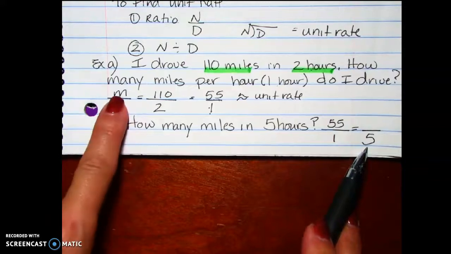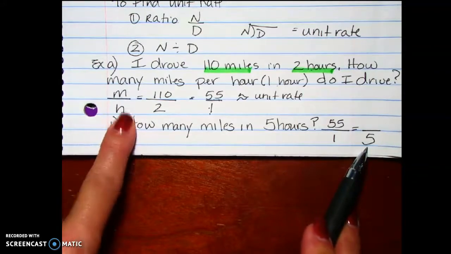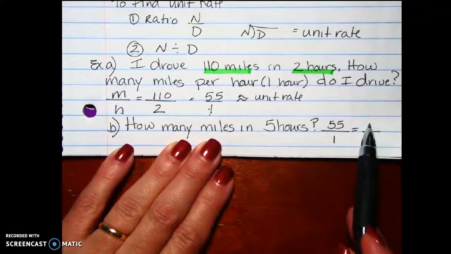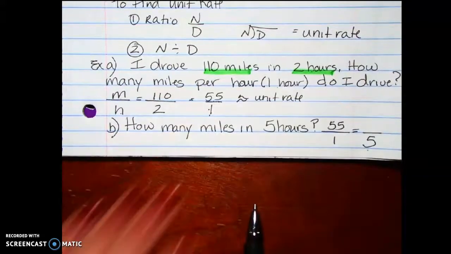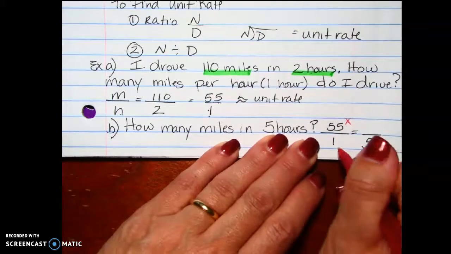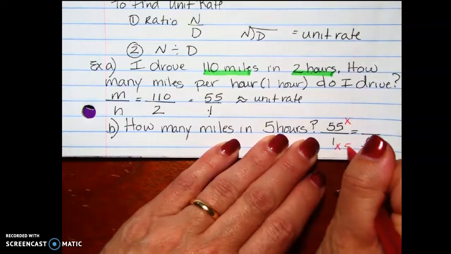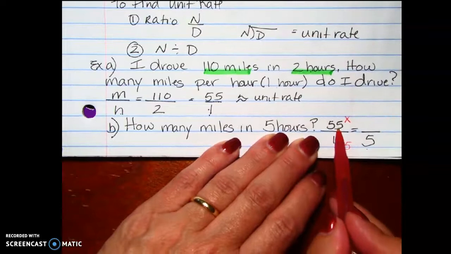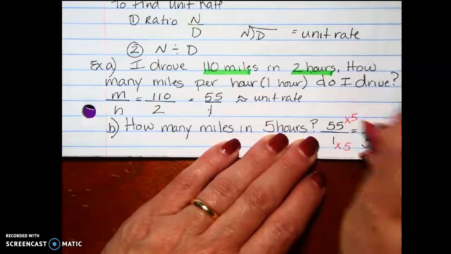Remember, miles per hour. Hey, this is an equivalent ratio, just like we did yesterday. So I had to multiply 1 by 5 to get 5. So I have to multiply 55 by 5.